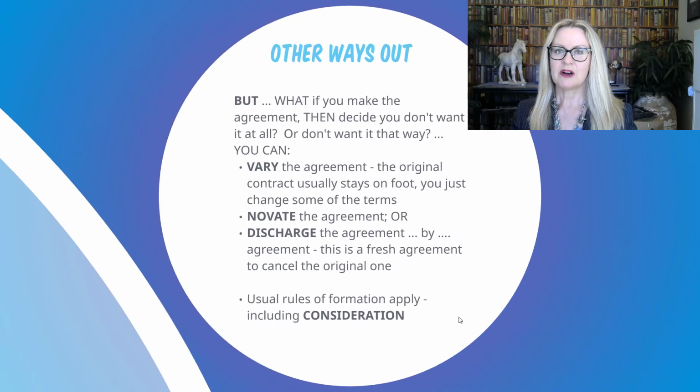But there are a stack of other ways that you can discharge a contract by agreement, or you can change it up if you're not really happy with it. Firstly, if you don't want the contract to run in the way that you've agreed, you can certainly agree to vary the contract. The original contract stays on foot.